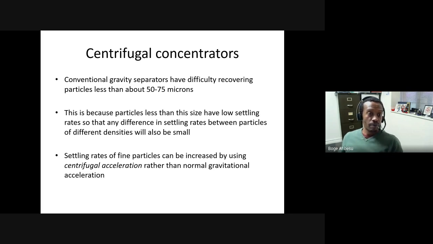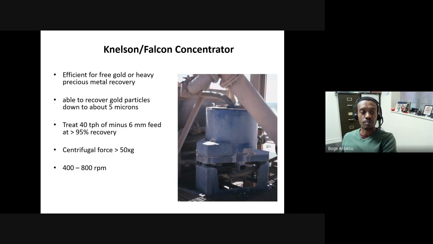But if you apply centrifugation, now you're not just relying on gravitational acceleration, you are also relying on centrifugal acceleration, and you should be able to separate particles, even to a very small size, to about 5 micron, based on their density. A typical example of this type of concentrator is the Nelson concentrator or Falcon concentrator. Both of them do very similar things.